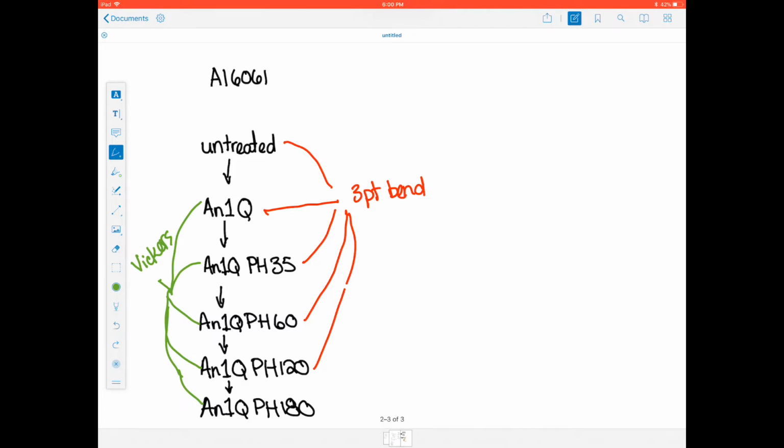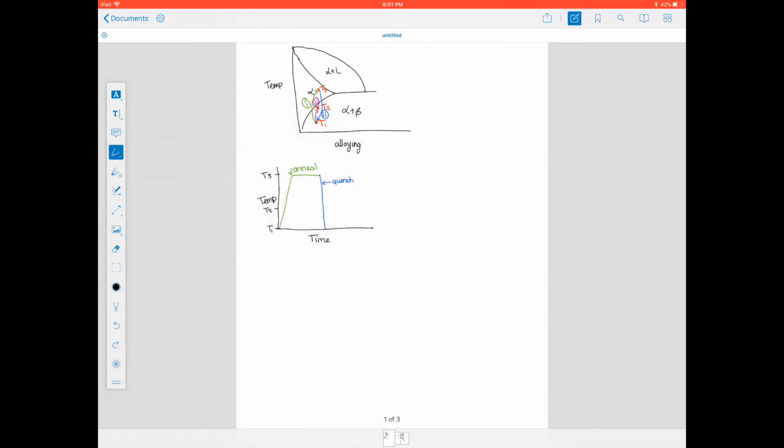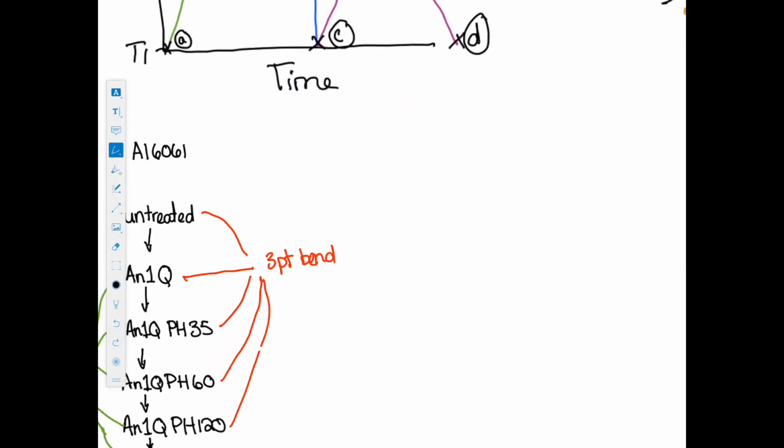For the Vickers test, it operates similarly to the indenting and hardness measures done in the Rockwell test, but the outcome measure is a little bit different. I've lost my page.